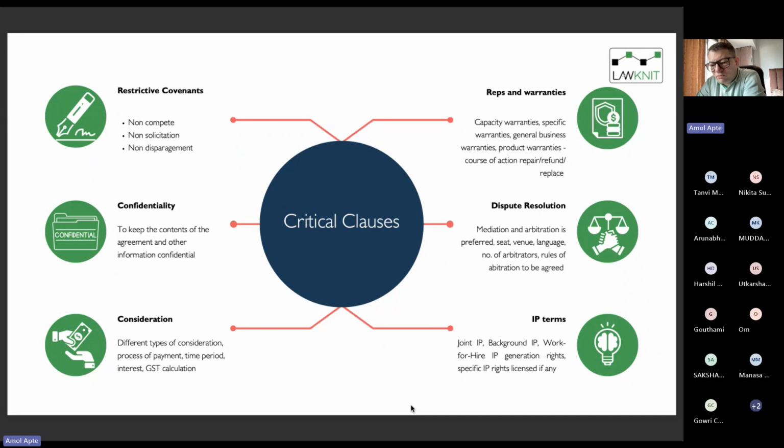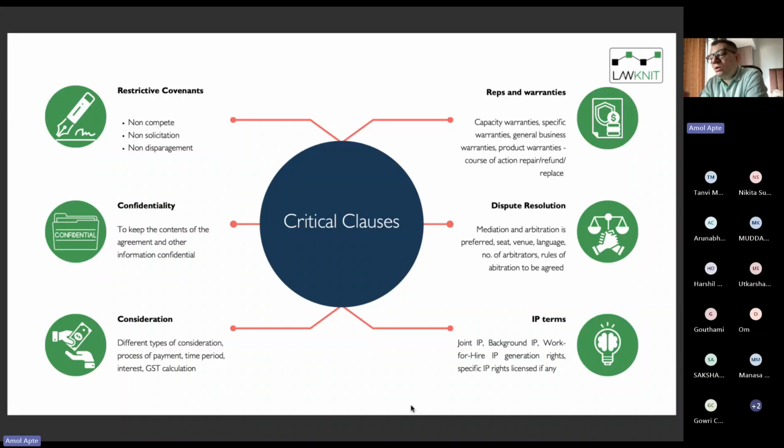In which case, if you have chosen arbitration as your dispute resolution mechanism, then it always makes sense to have the entire process of arbitration also defined and agreed in the contract because it solves for a lot of problems at a later stage. So things like your preferred seat of arbitration, venue of arbitration, the language in which the arbitration proceeding will be conducted, how many arbitrators do you want?